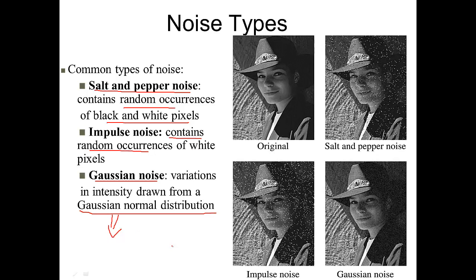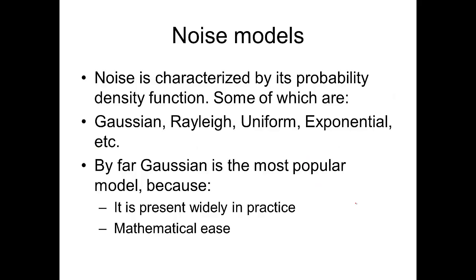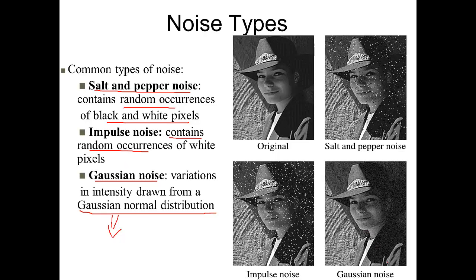If you don't understand probability, I don't expect you to really understand here, because teaching probability is another math course. So we have three types of noise here. We talked about this one just now, Gaussian noise, where the distribution of the noise is a Gaussian distribution.